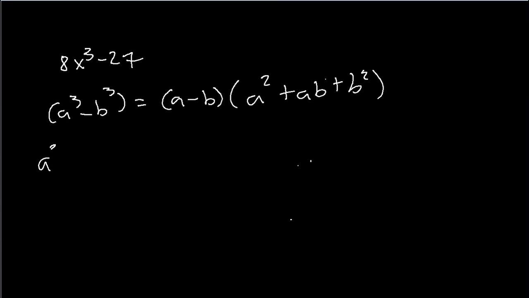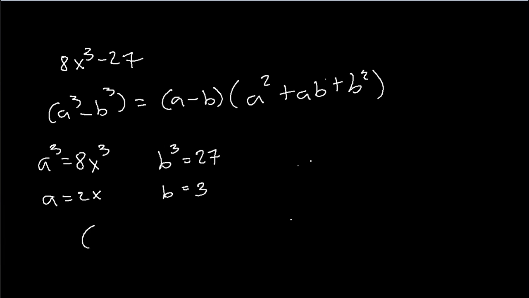Now let's set a cubed as 8x cubed and b cubed as 27. The cube root of 8 is 2 and the cube root of x cubed is simply x. Now the cube root of 27 is 3, and all that's left to do is the same as before. Substitute these values to the formula.